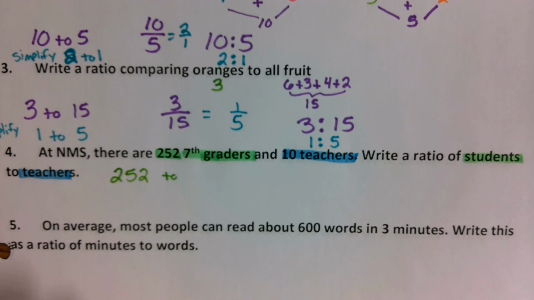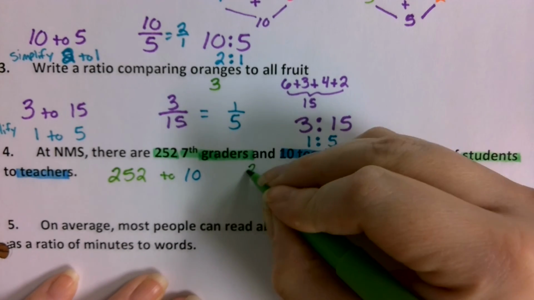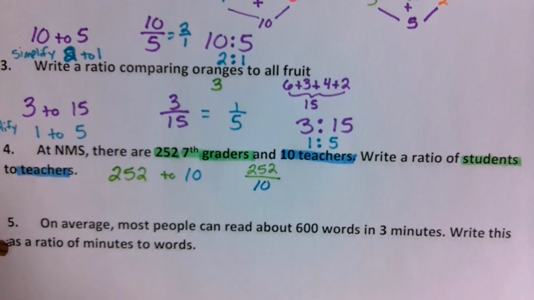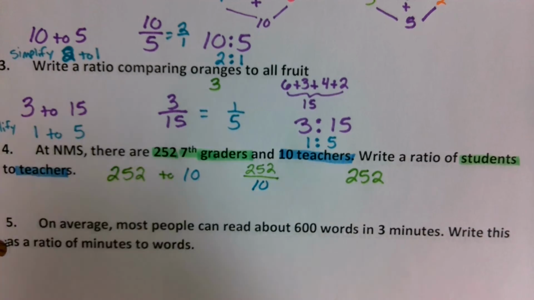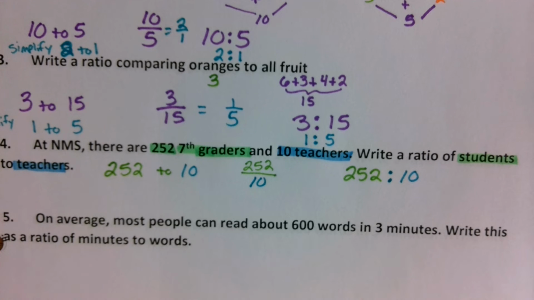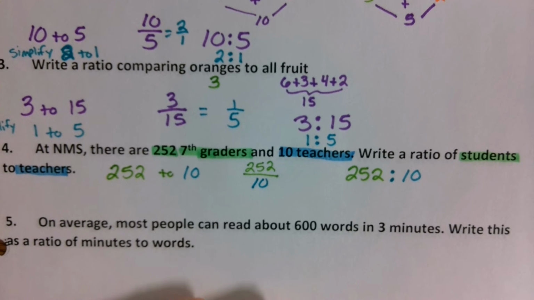So it's 252 to 10, or as a fraction, 252 over 10, or as a colon, 252 colon 10. Now again, can we simplify this? Right off the bat, are they both even or both odd? They're both even numbers, right?